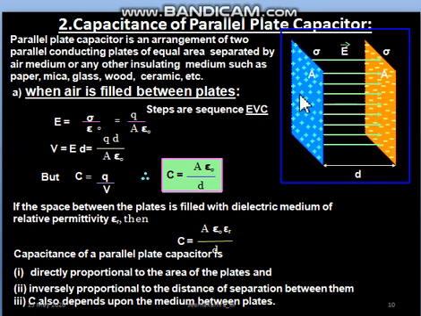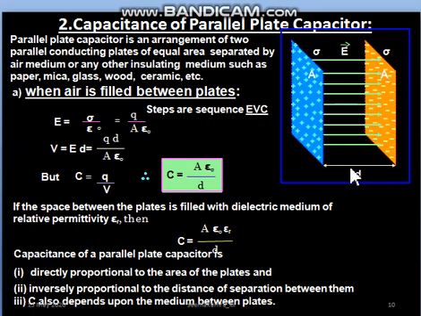So as we have discussed that we have two plates A and B, positive and negatively charged, and suppose the area of both the plates is similar A and the surface charge density is sigma. We can say here plus sigma and here minus sigma, and the separation between the plates is d.